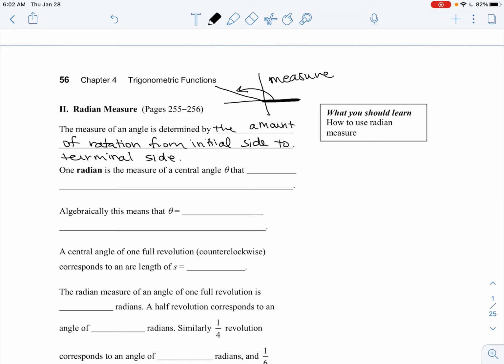Okay. 1 radian is the measure of the central angle that intercepts an arc, we call it S, equal to the length of the radius.